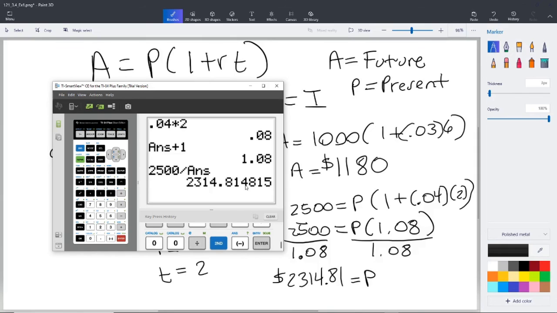So there's nothing wrong with also rounding this up a penny to $2,314.82. Or if you're risk averse, you could make it an even $2,315 and kick in another few cents there. Definitely that would ensure that you had your $2,500. But the very bare minimum is $2,314.81.